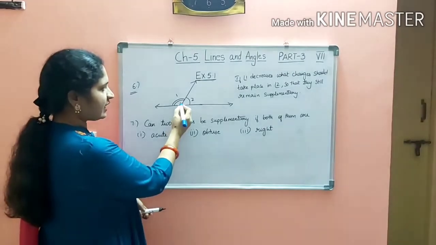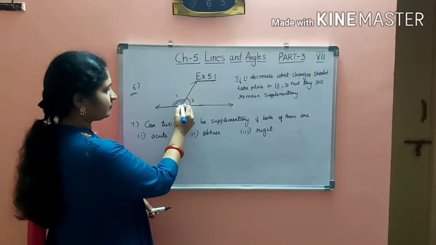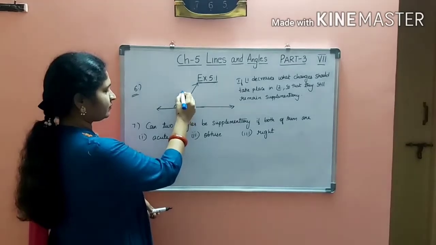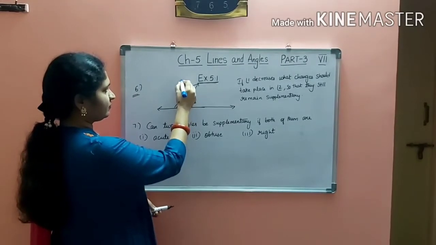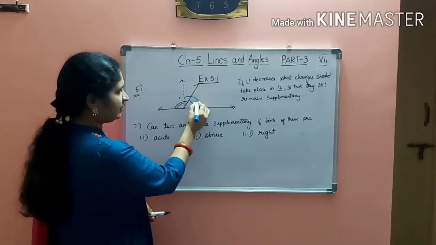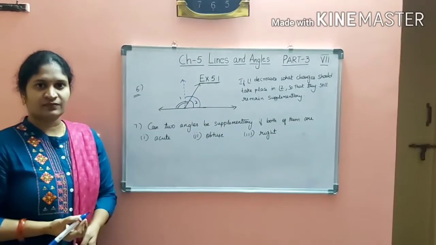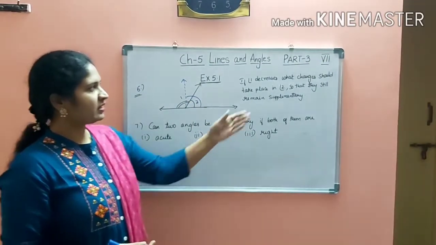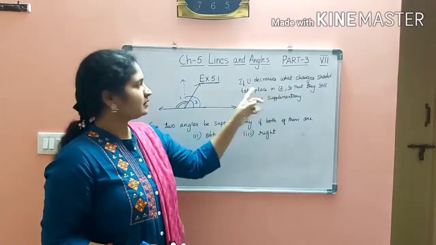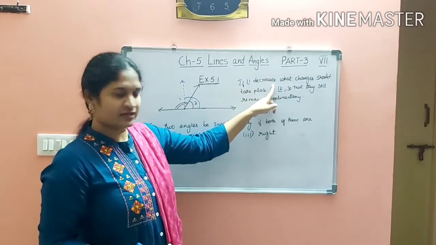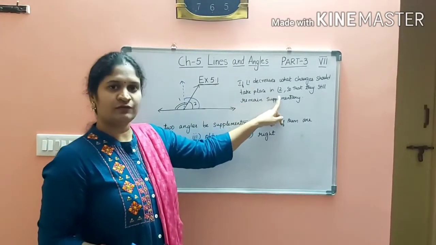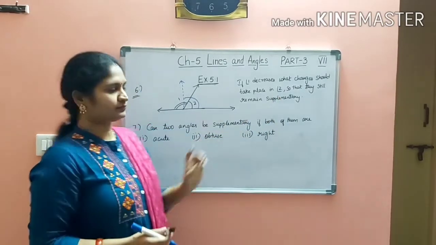If you reduce angle 1, angle 2 is increasing or not? So, what changes you can observe for angle 2 here? If angle 1 reduces, angle 2 will be increased.